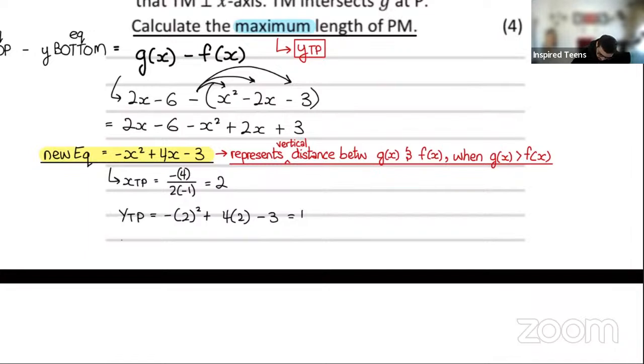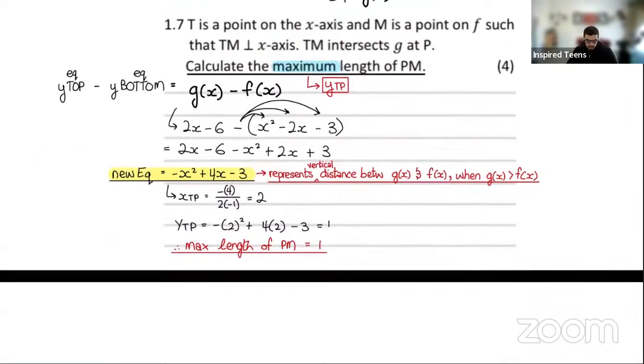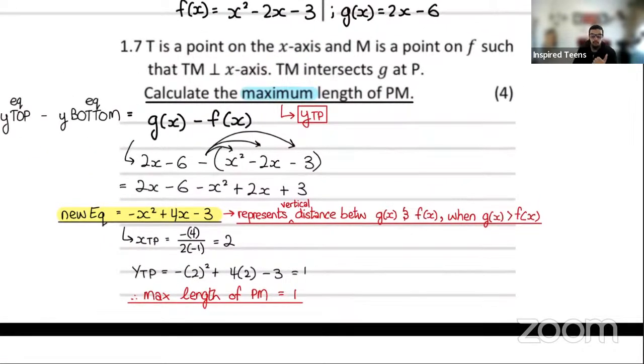So therefore, max length of PM is equal to 1. Okay. So basically you need to say y top minus y bottom, top equation minus bottom equation, if you're getting the vertical distance between two graphs at a particular point.